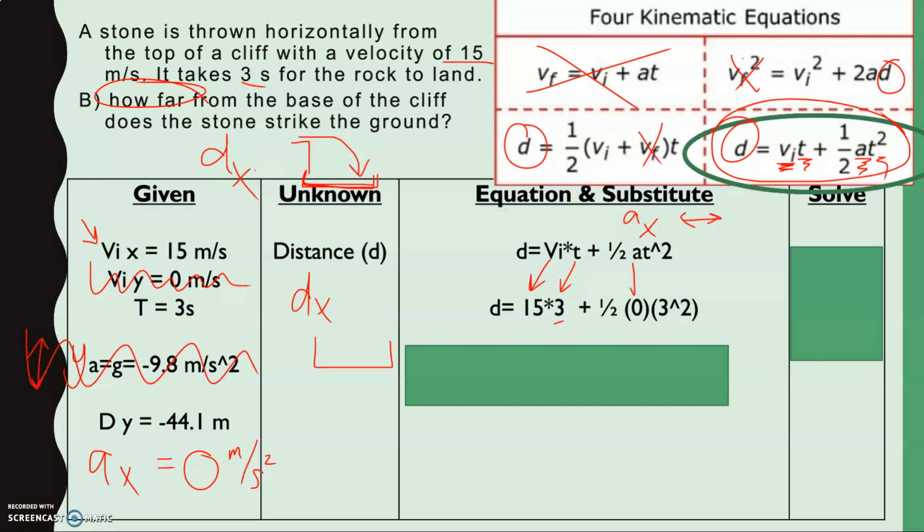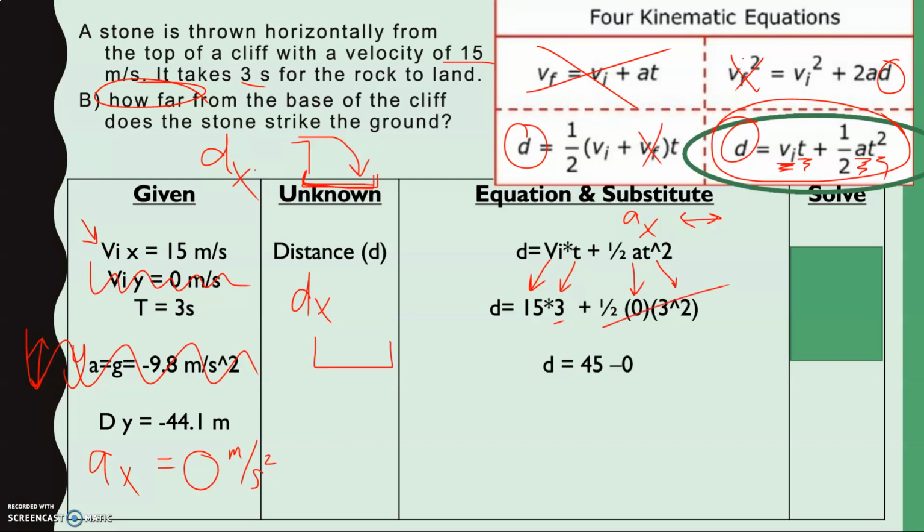So it is 0 times the time squared, so the 3 squared again. All right, once we simplify, of course, all of this turns to 0. So 15 times 3 is 45 minus 0. So the distance that it travels, how far from the base, is 45 meters. And again, this is our distance in the x direction.